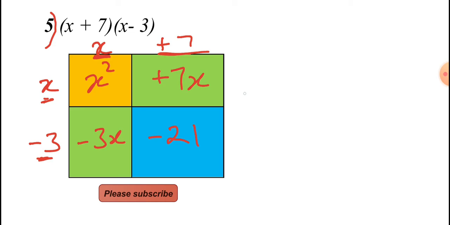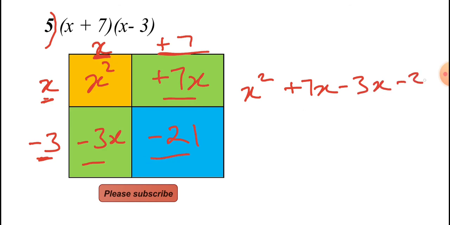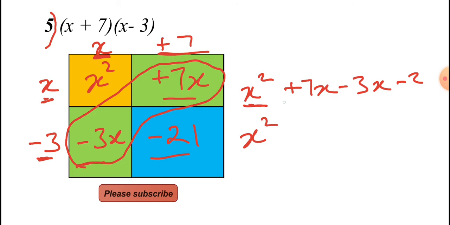So inside the yellow square I had x squared, then here I have plus 7x, and then here I have minus 3x, and then here I have minus 21. So collecting like terms here. So the x squared, there's no collecting like terms, just copy it down, x squared plus 7x minus 3x. So if I had 7 lots of x and then I take away 3 lots of x, I will have left 4 lots of x.